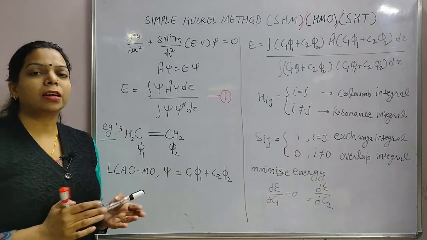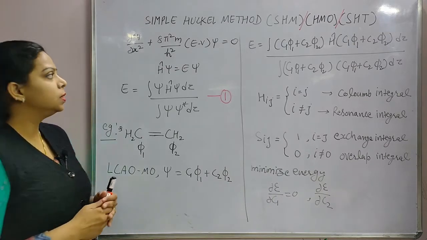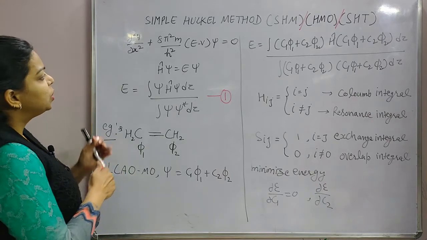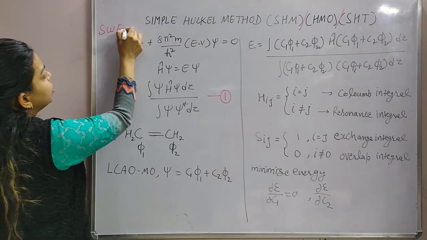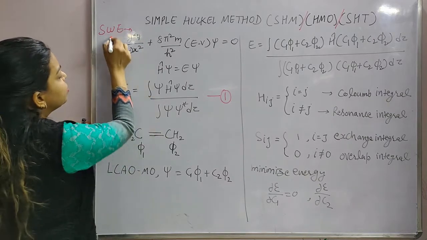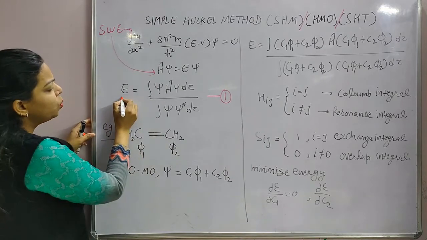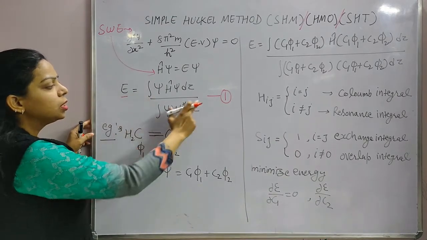Let's see the mathematical procedure for how to treat pi orbitals using this method. Starting from Schrodinger's wave equation, this is the equation, and this is the short form of Schrodinger's wave equation. We can write down the average energy value using this equation.